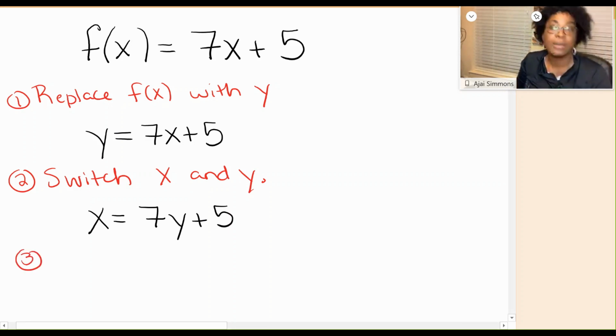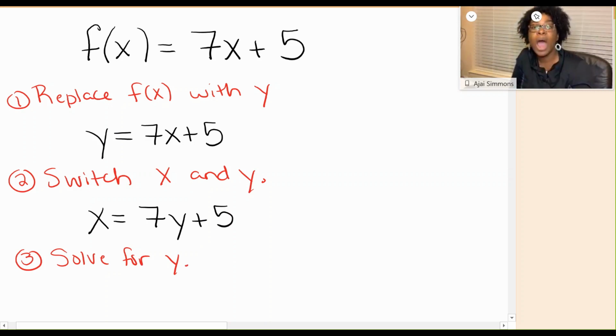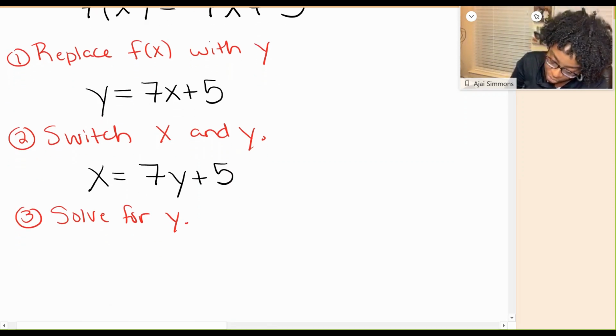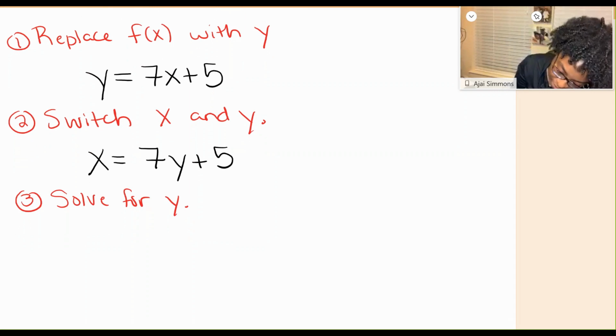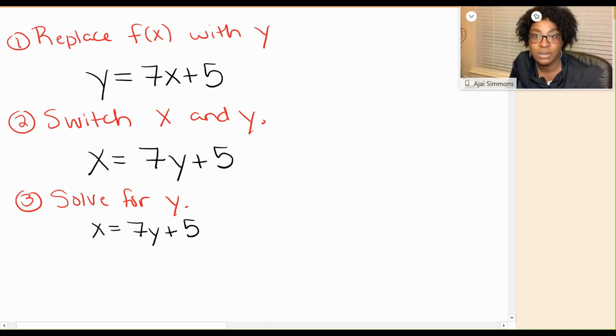Okay, so step 3, what I need to do now is I need to solve for y. I need to get y on one side by itself. Do whatever you have to do to this particular problem to get y by itself. Now, let me write the problem down. And your goal is to get y by itself.